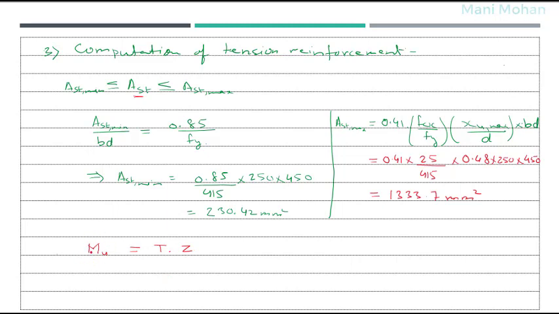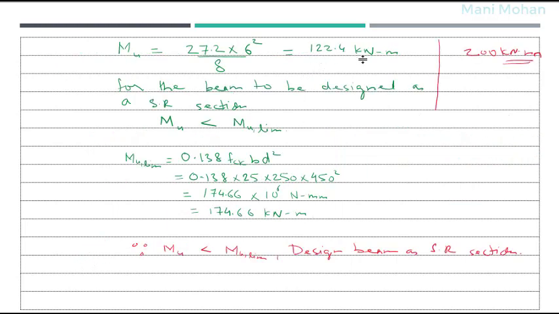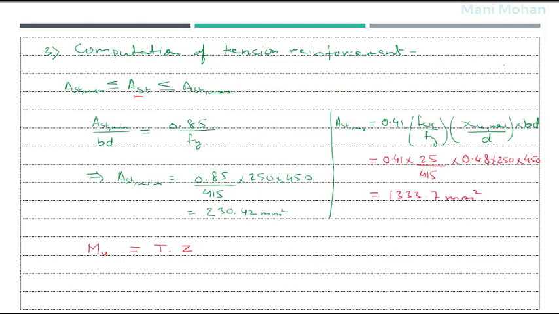This capacity of the beam has to be equal to the maximum ultimate moment acting on the beam, which is 122.4 kilonewton meter.